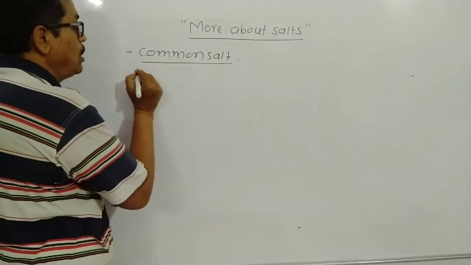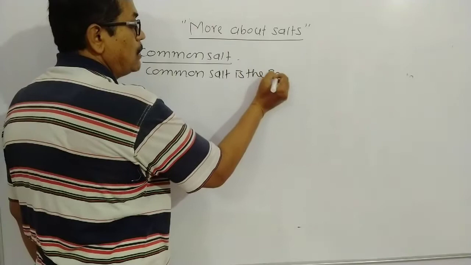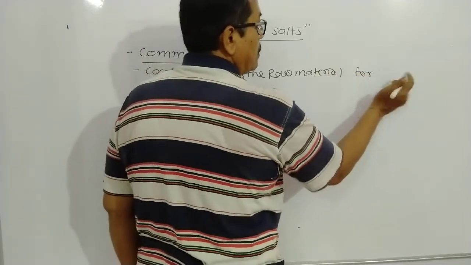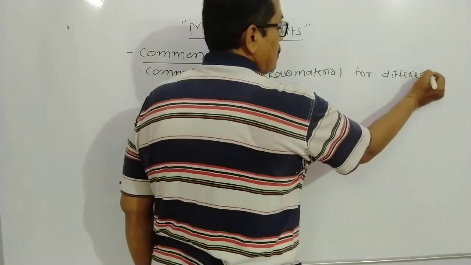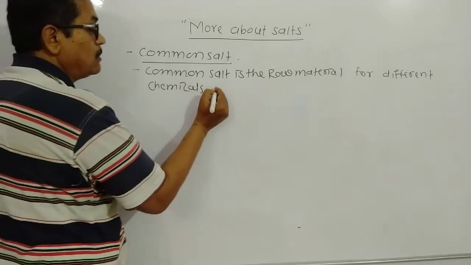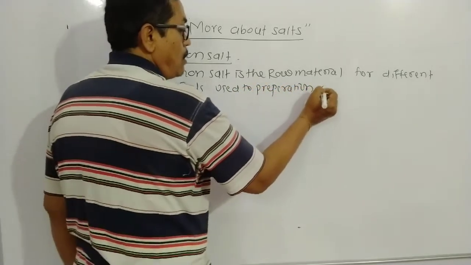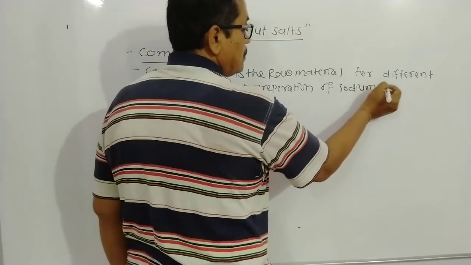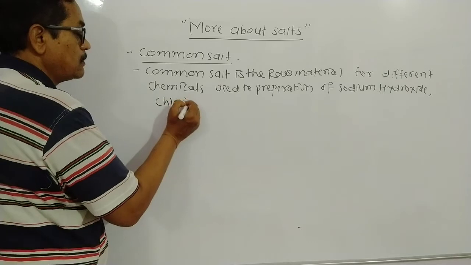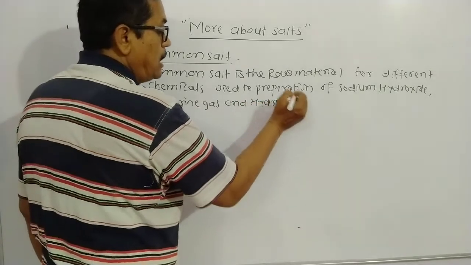Look here, common salt is the raw material for different chemicals, used in the preparation of sodium hydroxide, chlorine gas and hydrogen gas.